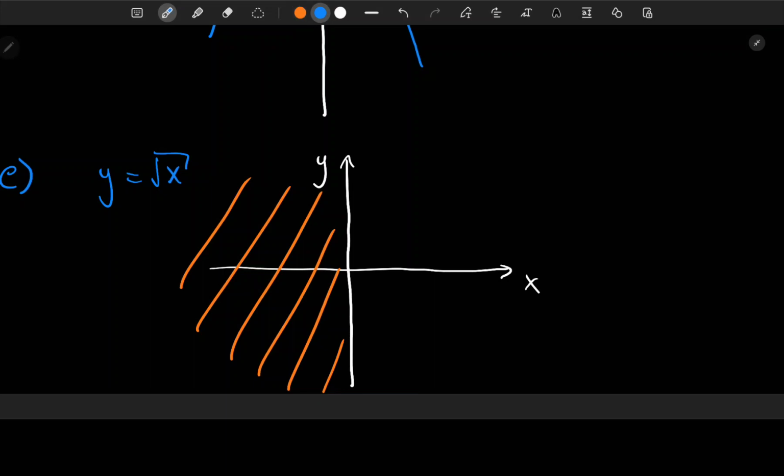Furthermore, the square root of x is never negative, it's always positive, and it grows like this, where it achieves a 0 value at x is equal to 0. Anywhere else on the plot, so any negative x value, it is not defined.